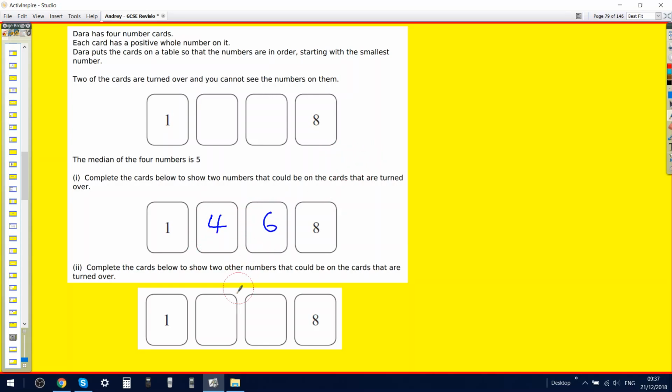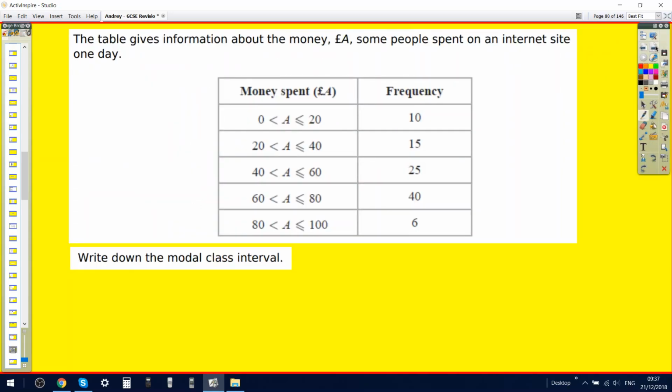And another, 3 and 7. Yeah, exactly. So not a difficult idea, but just having to unpick all the stuff. Sorry, this one.